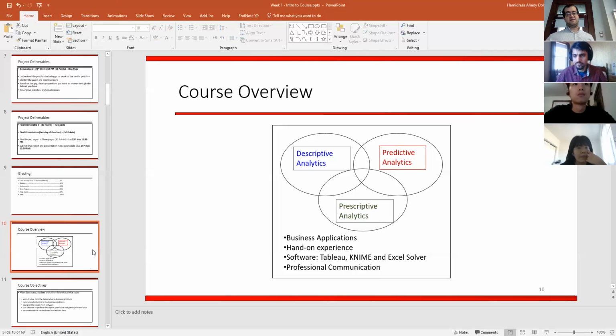We have some hands-on experiences. Some of our classes are just lab, and I'll go over the software, show it to you, and you practice with me. So in predictive analytics, again, you know that you can do predictive work using Python or R, but still we learn KNIME. KNIME is free software that we can install for free and use.